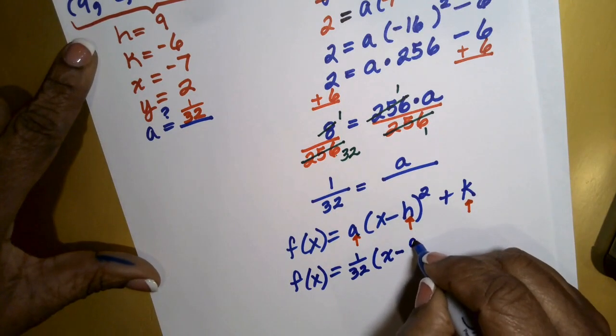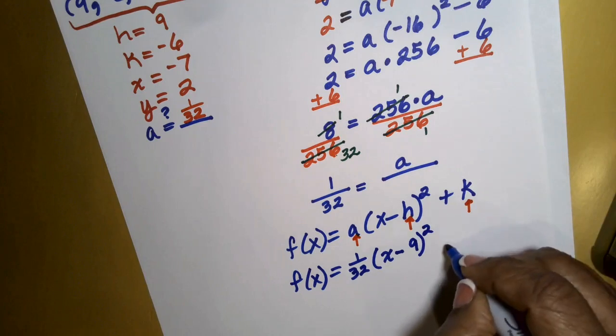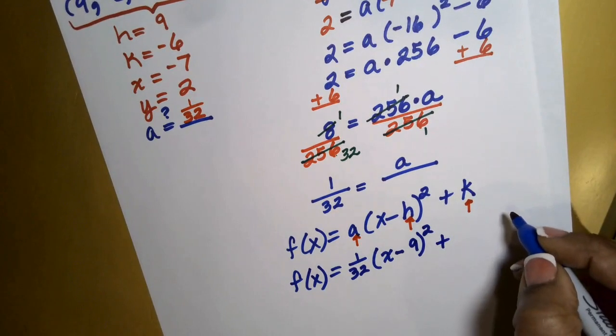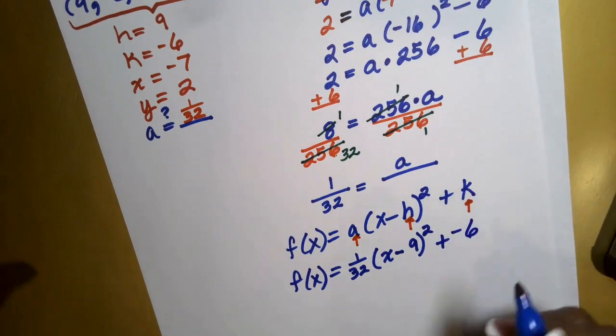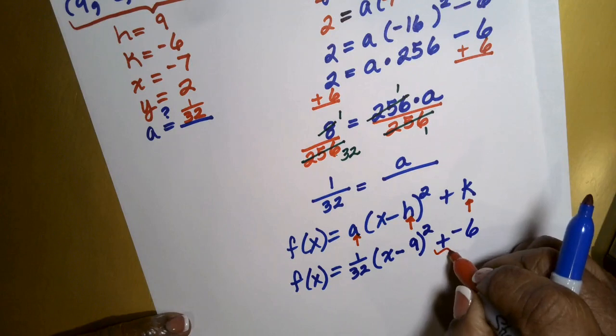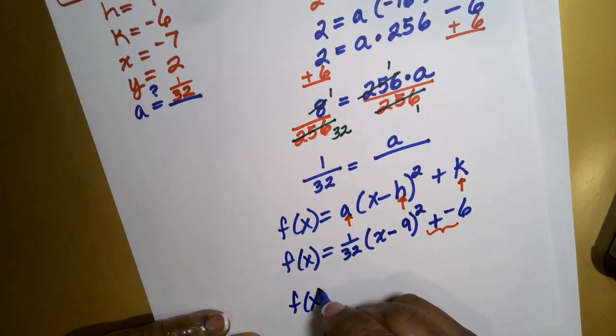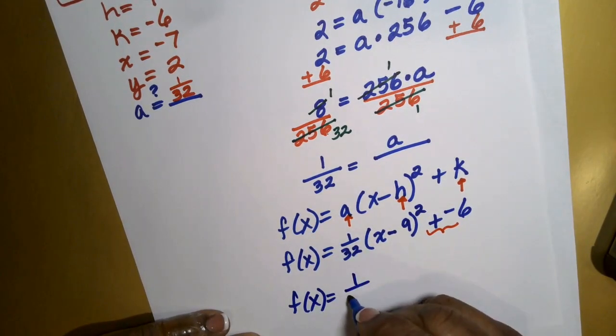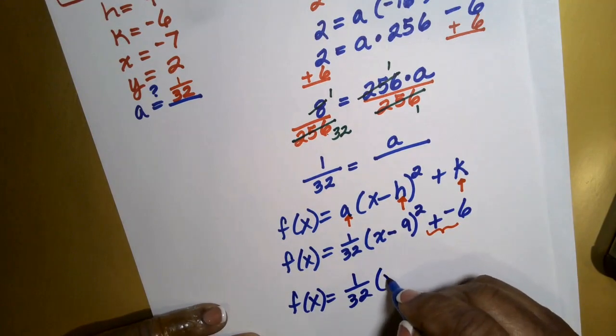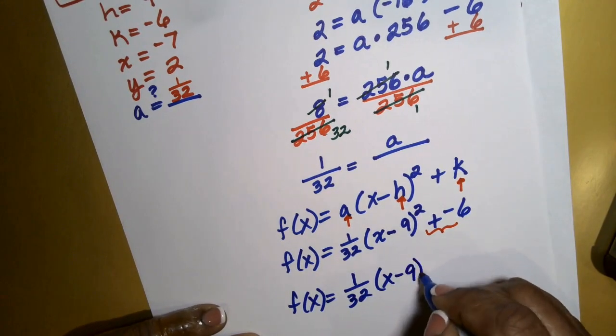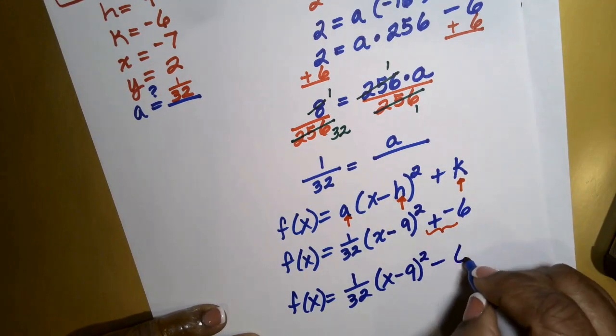H equals 9, close parentheses, all squared, plus the value of k, negative 6. And again, we're going to clean up those signs. F of x equals 1 over 32 times the quantity x minus 9, quantity squared, minus 6.